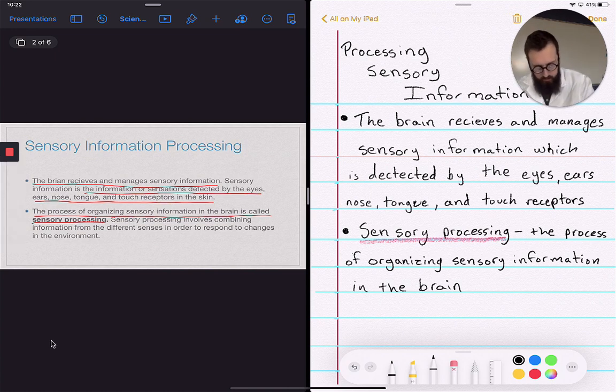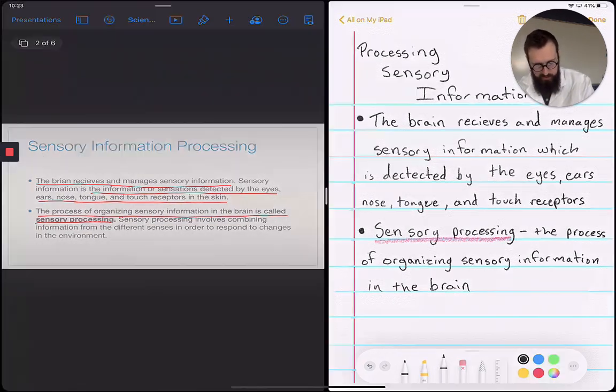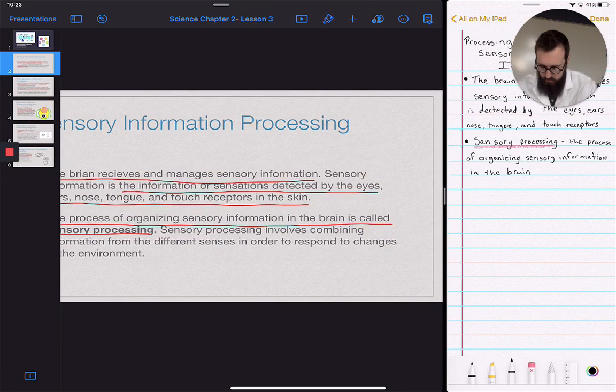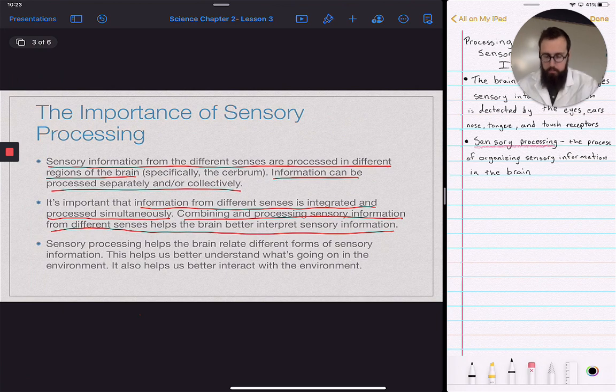All right, so let's go ahead and go on to our next bit of information, which is the importance of sensory processing. Why is it important that we process this sensory information? So sensory information from the different senses is processed in different regions of the brain, specifically the cerebrum.